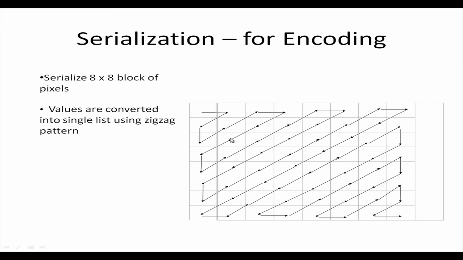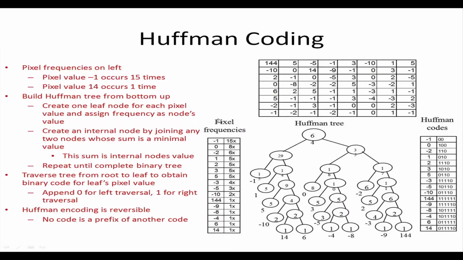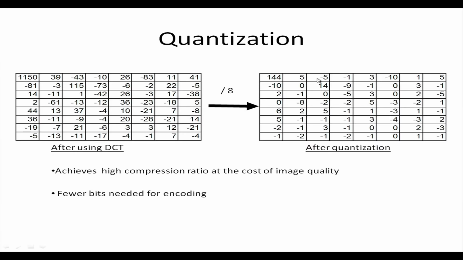Now, once I get that pattern, let us explain a little bit here for those of you who do not know Huffman coding. If you recall, after quantization, I had this matrix.